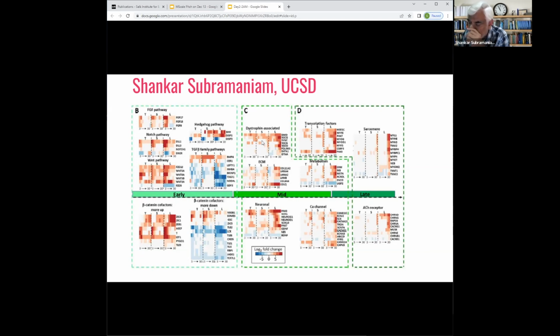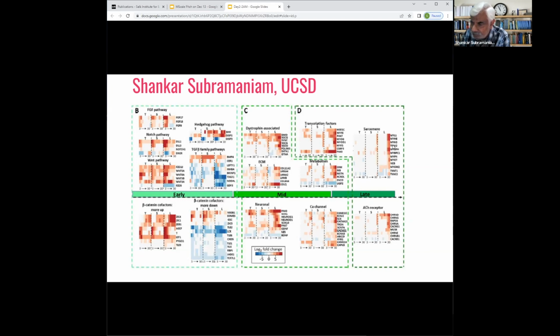Dystrophin is one of the largest proteins, and I'll come back to it and tell you a little bit more about it later. Dystrophin is increased in expression in the L lineage. And all the neuronal factors, calcium channel factors, which are also involved in the specification of the myogenic lineage, are higher in the L than in the T or S case. And similarly, in the final late stage, sarcomere formation is really the key for specifying a muscle.